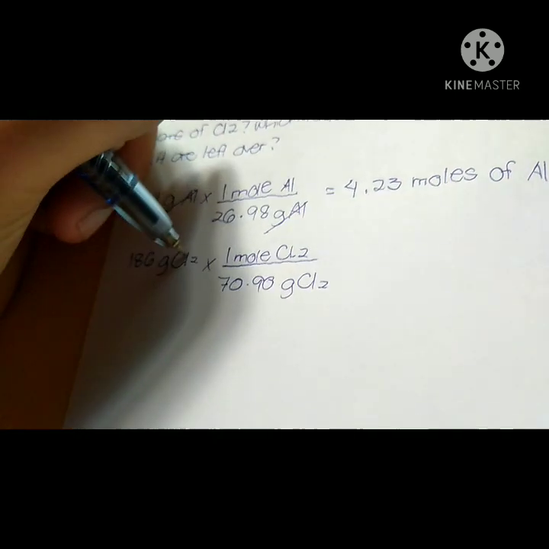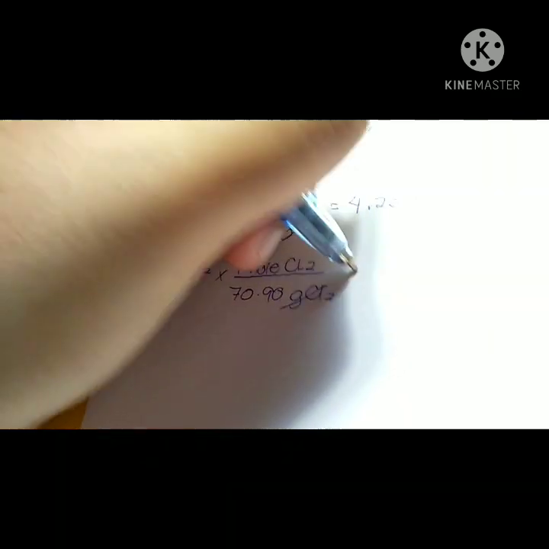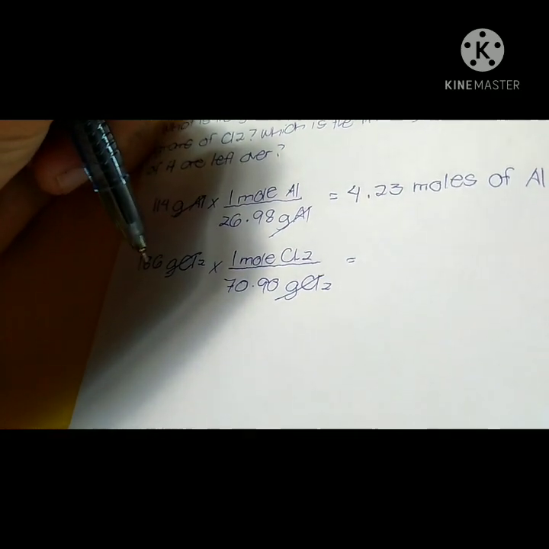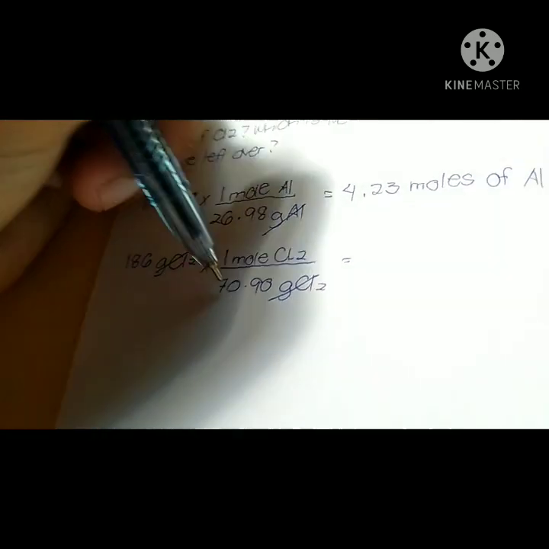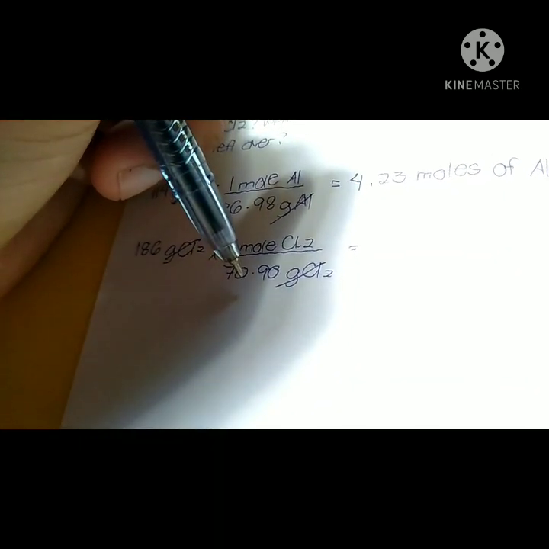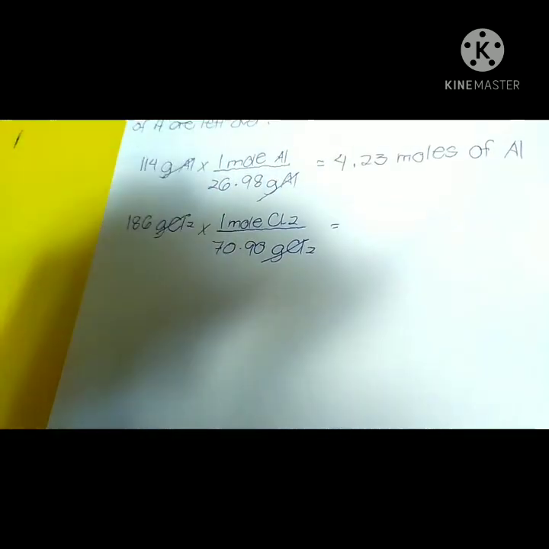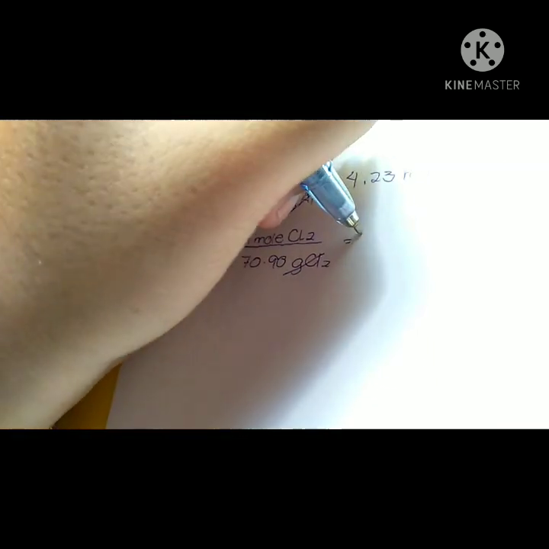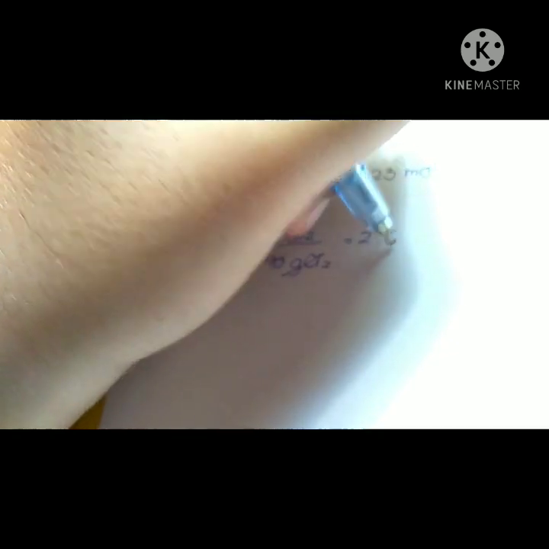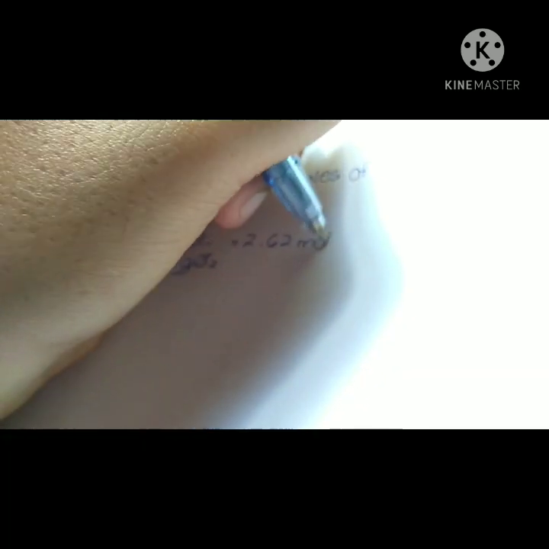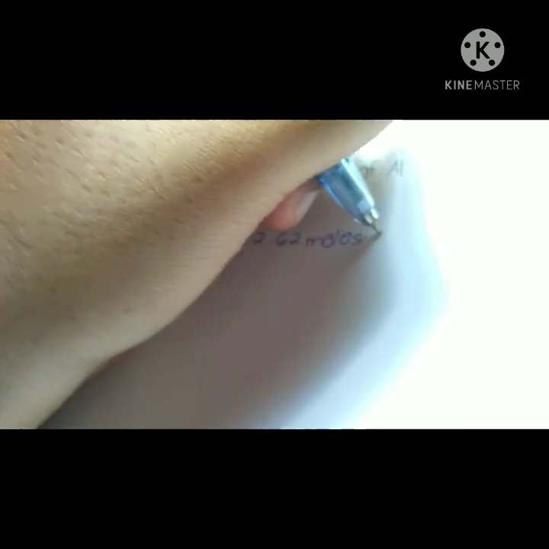So, the grams cancel. We multiply 186 times 1 divided by 70.90. So, the answer is 2.62 moles Cl2.